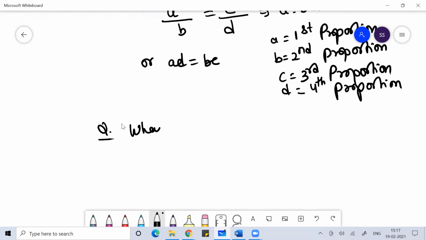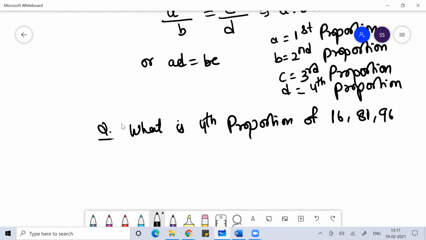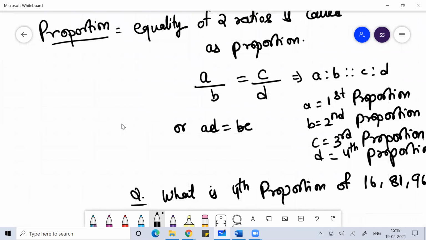If I ask you what is the fourth proportion of, suppose, 16, 81 and 96, something like this, you need to understand that in A, B, C, D they will always ask you the fourth proportion.